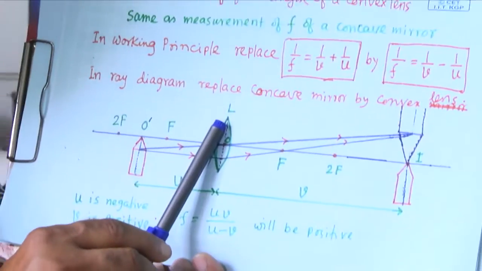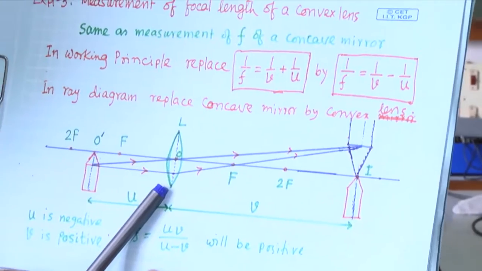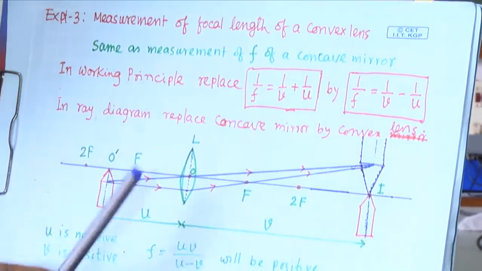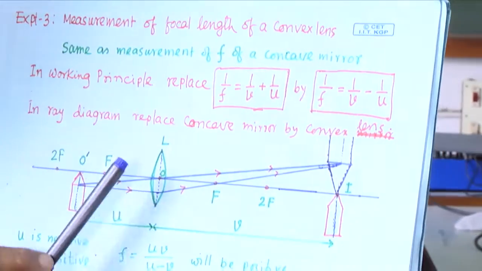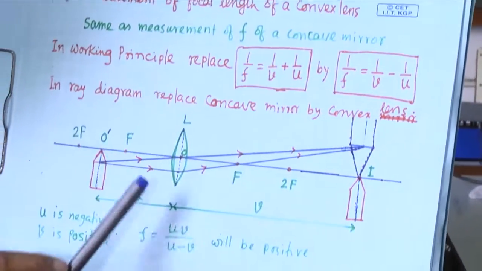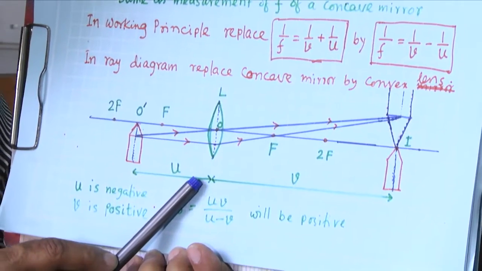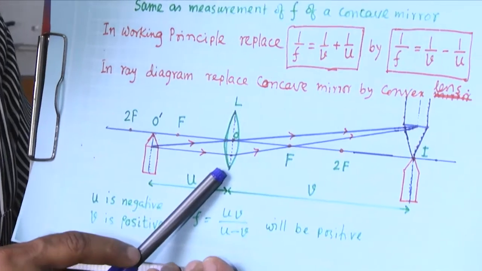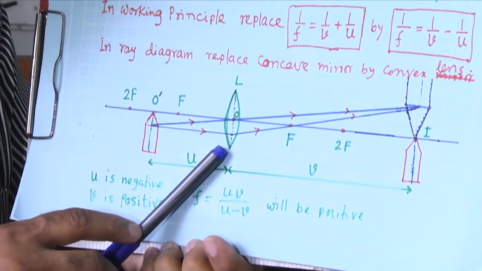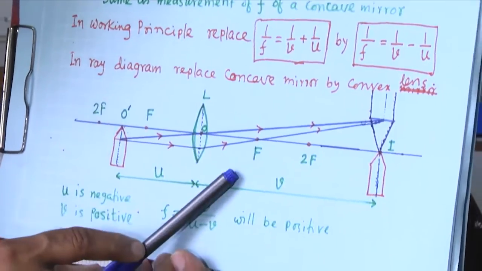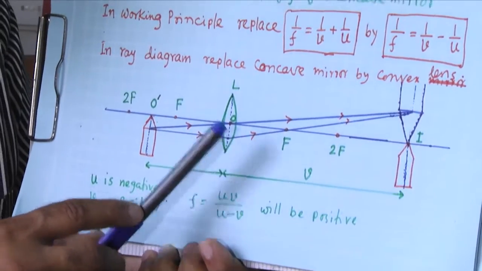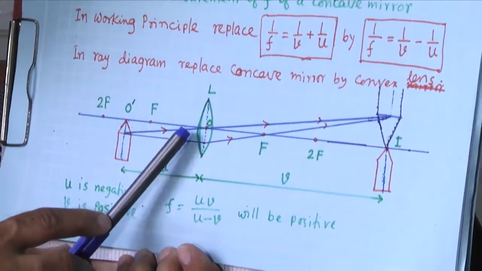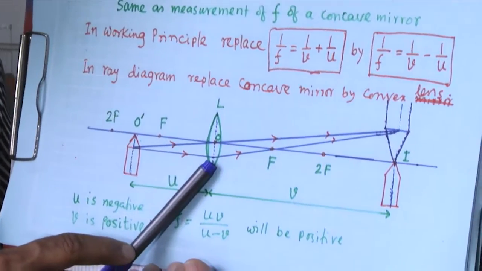So, you have a convex lens. Now, a convex lens, like a concave mirror, is a converging lens or converging mirror. Okay. So this lens produces the image, whether it will be a virtual image or a real image depends on the distance of the object from the lens.